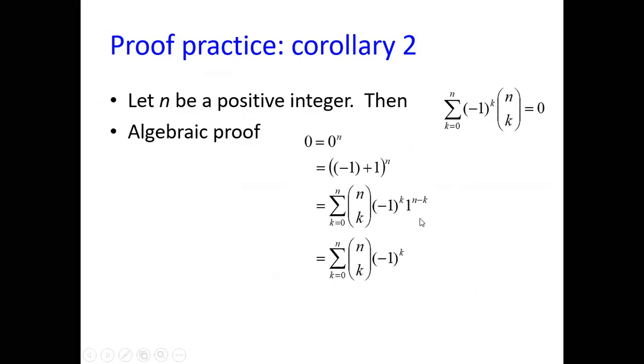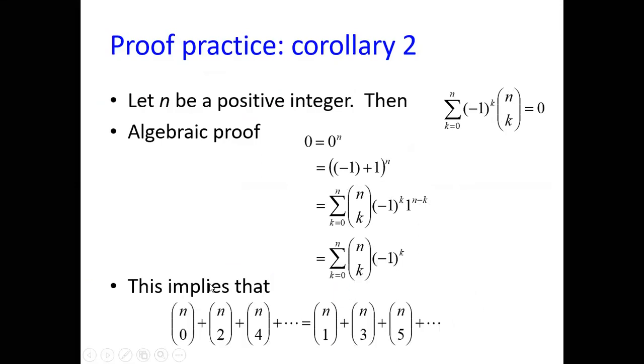To conclude, this implies that the summation of combinations of even index will be equal to the summation of combinations of odd index. We have here odd index, we have here even index, so they will be equal.